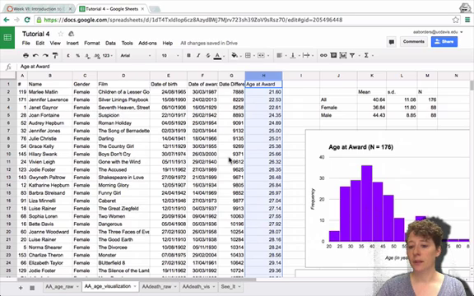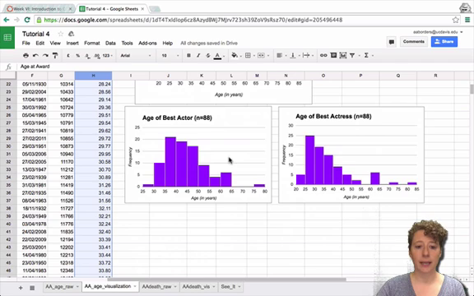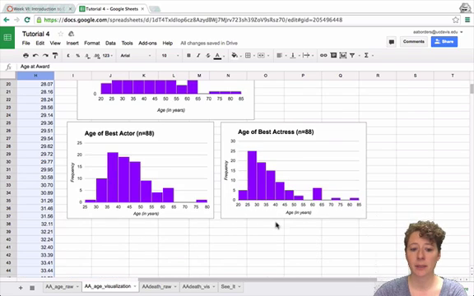We've done that. We have a histogram that is just representing the age at award for all of the actors only, and one for all of the actresses only. So let's make the scales of each axis the same in both the graphs.